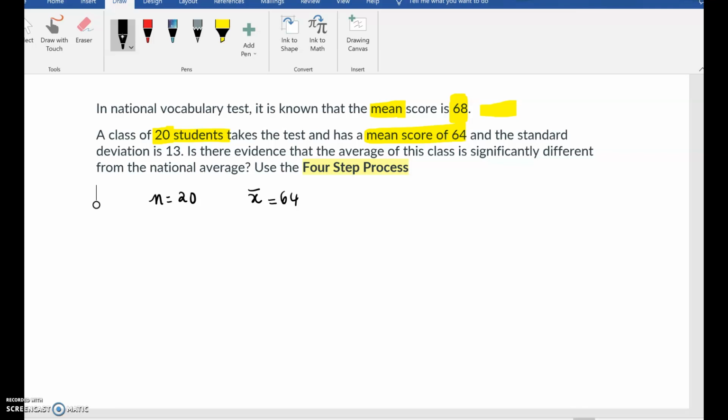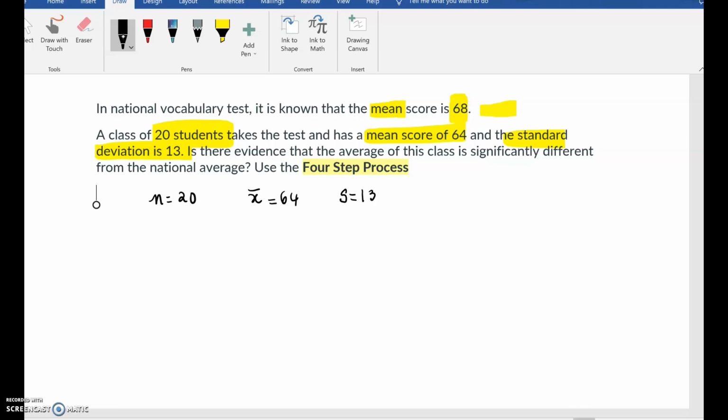And the standard deviation was 13. So when it says that the standard deviation is 13, notice that they're referring to the sample of 20 students who took the test and their standard deviation was 13. So in this sentence, it is clear that the standard deviation that they're referring to is the sample standard deviation.